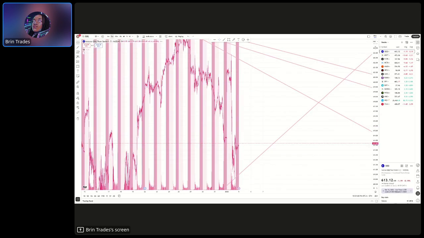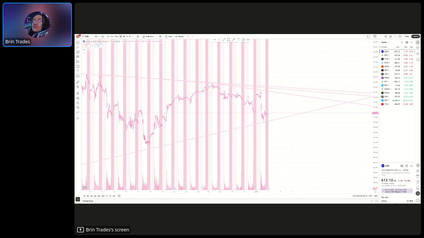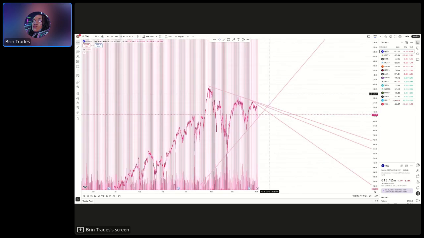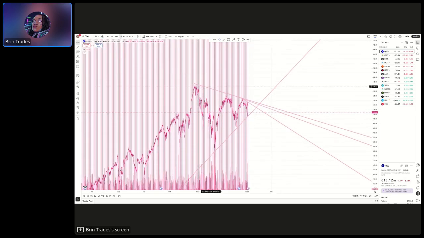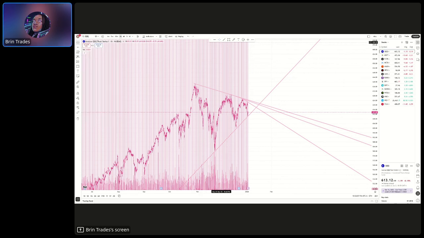But overall, I'm seeing with QQQ, as we approach those all-time highs, we are beginning to have lower lows. We have a lower low here. What happened to that other tool? Hold on, give me a minute. There's another tool, yeah, the horizontal ray.